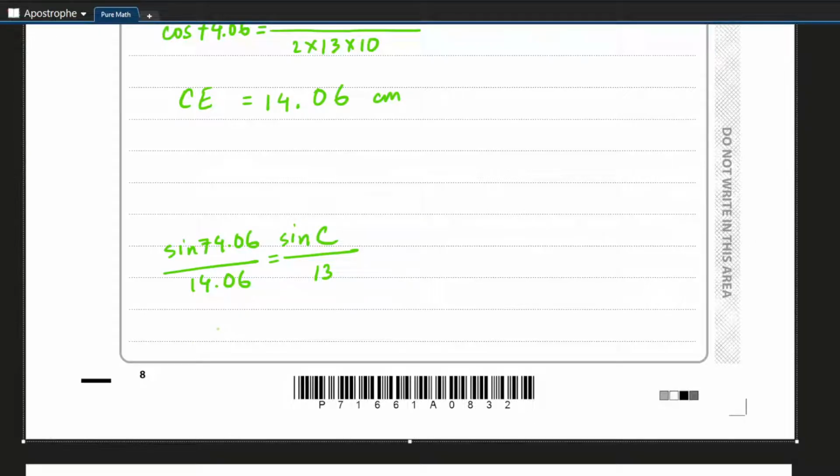From there we can get C. Give me a moment to calculate. 13 over 14.06, sine inverse of the answer, which gives me 62.76 degrees.